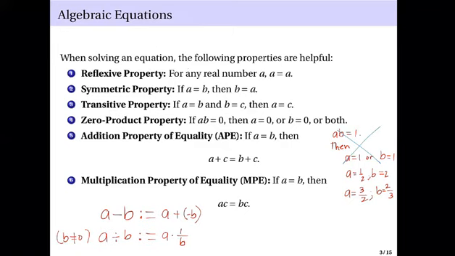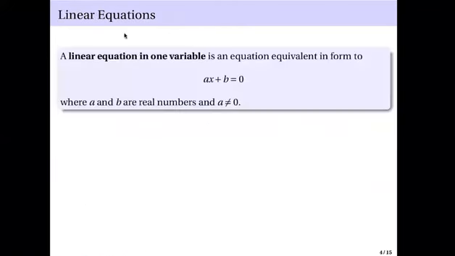Okay? So, for now, let us consider what we call the linear equation in one variable. Remember the linear expression. The linear expression is of the form ax plus b. Now, the linear equation in one variable, say the variable x, is an equation that is equivalent in form to the following equation: ax plus b equals 0.